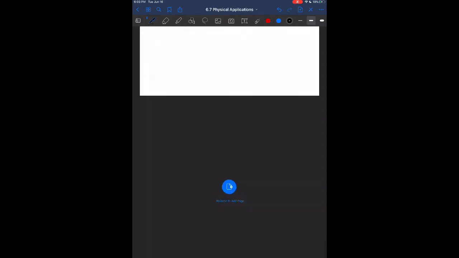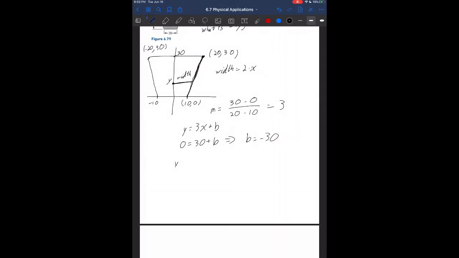Okay, so we know our function in terms of y is 3x minus 30. However, right, we want a function w of y, so we want a function in terms of y, and we want this to be equal to x, because this is going to be how we figure out our width. But we can rearrange this, and we get that y plus 30 over 3 is equal to x.